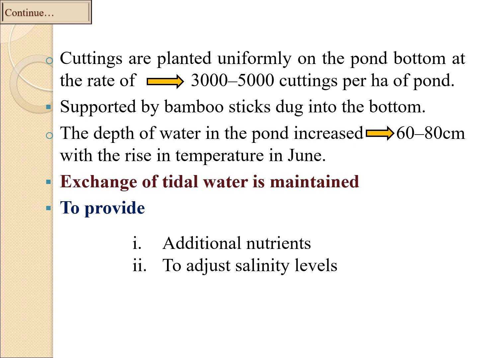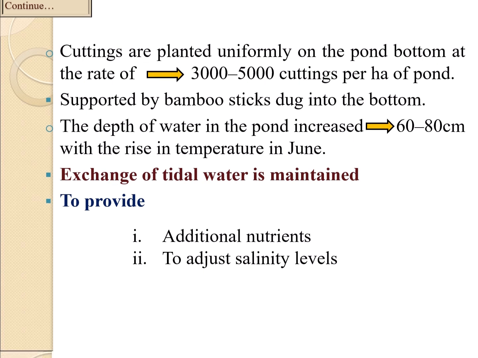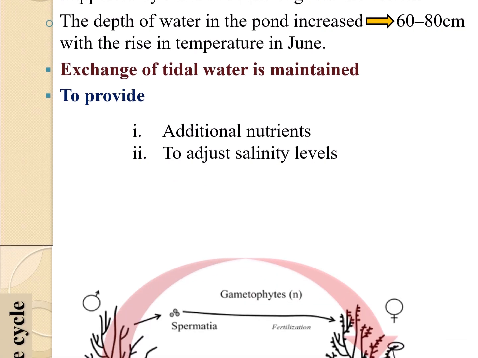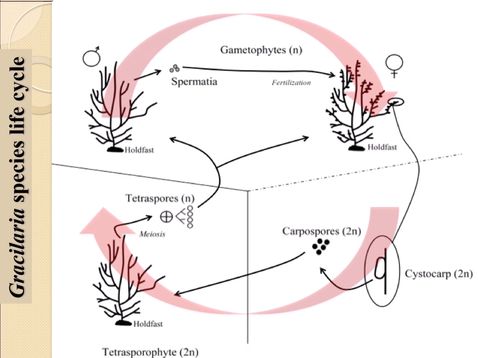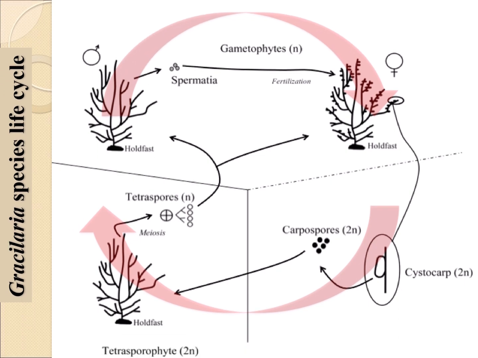Let's discuss the life cycle of Gracilaria species. Mature tetrasporophytes, 2N, produce tetraspores by meiosis, some of which develop into male gametophytes, N, while others grow into female gametophytes. The mature male gametophyte forms spermatangia, the female forms carpogonia.